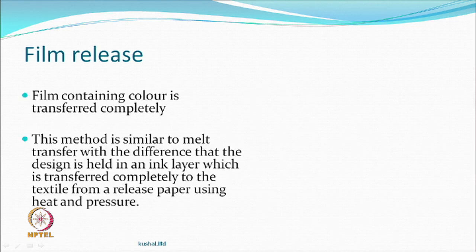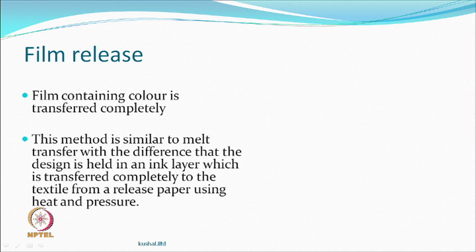The other is similar, but it is like a film getting released. So, film containing the color is transferred completely. So, there is a film which is on the paper loosely held, but when you put it there, it likes the paper less than the fabric, and when you press, compress, or do whatever, it just gets transferred onto the substrate.